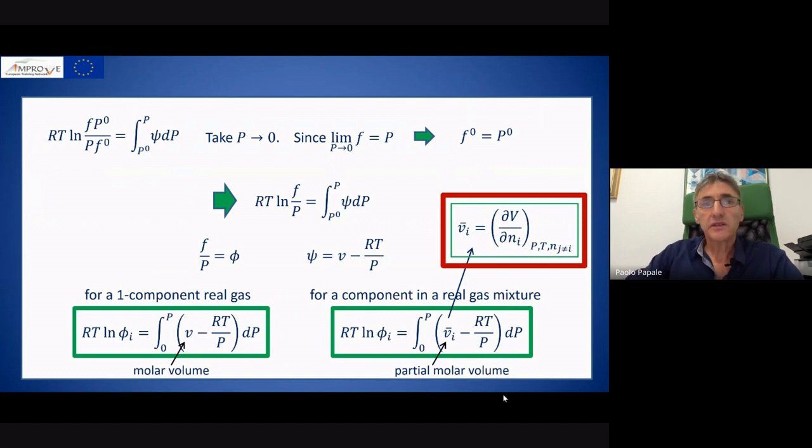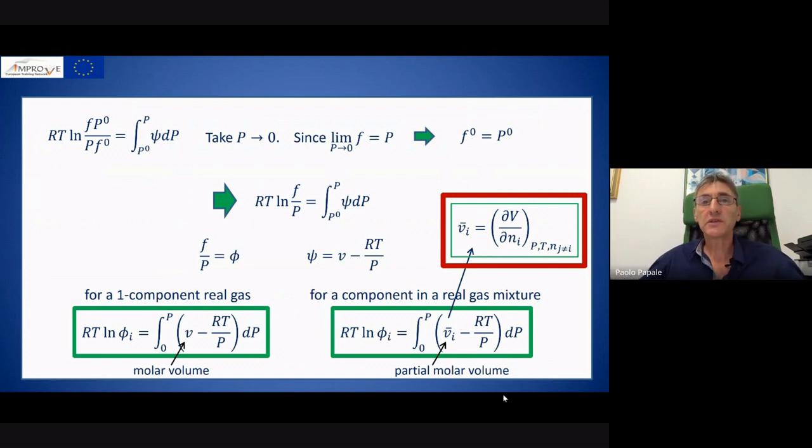Okay, bracket closed and lesson close to its end. Now we know how to deal with one of the key quantities in the equilibrium equation, namely the fugacity coefficient of each component in the gas phase. We simply need an equation of state describing the real volume from ideal conditions approaching zero pressure up to system pressure.